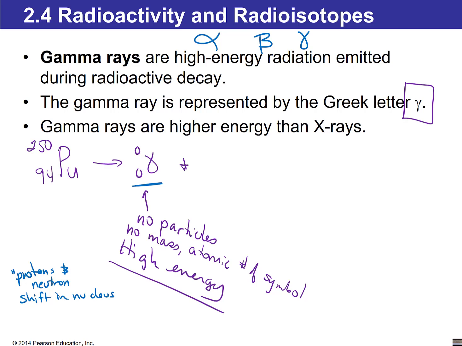But if you see this, you know that your starting material and ending material is still the same. So this is plutonium-250. So plutonium would still have a mass of 250. It would still have an atomic number of 94, and its symbol would still be Pu, plutonium. So really this is nothing. This just represents this energy.